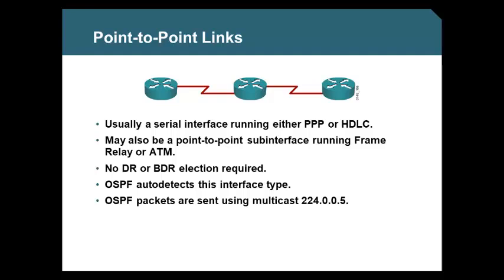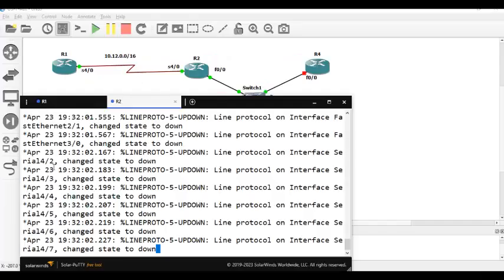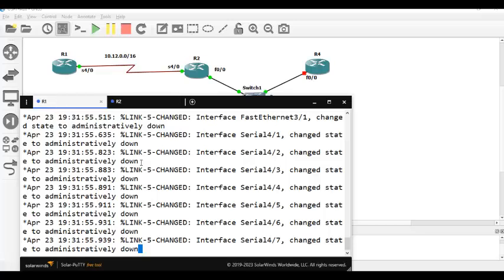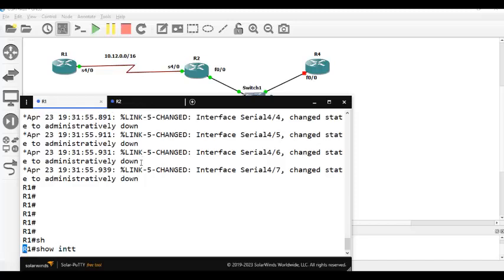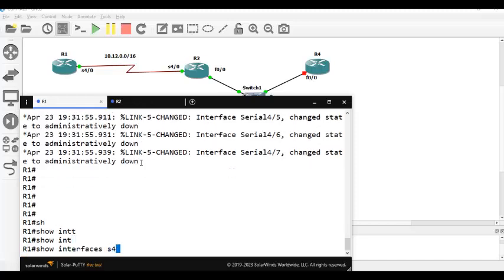Let me show you how to change it on the serial wires. You have serial between R1 and R2, and let me show you. Show interface serial /0. If you notice here, the encapsulation type will be HDLC. That is what the presentation was talking about.